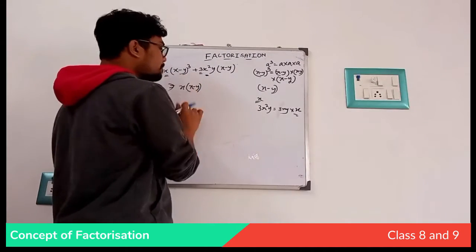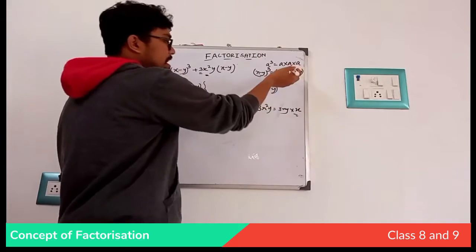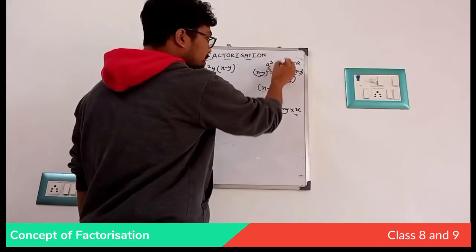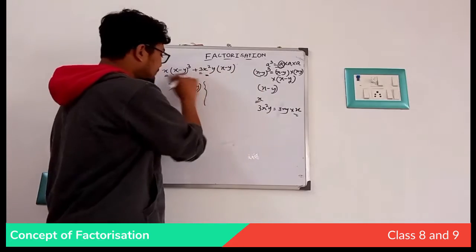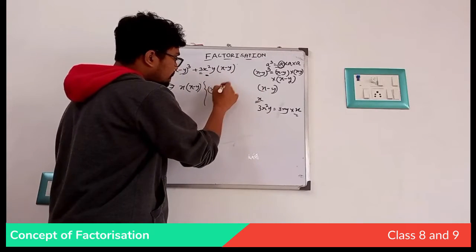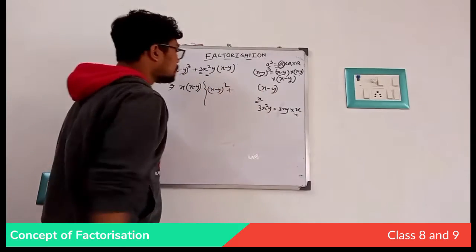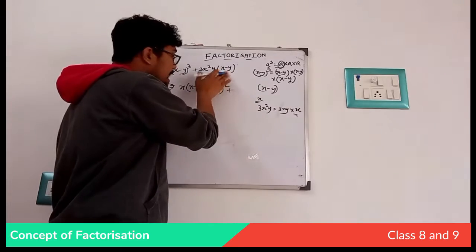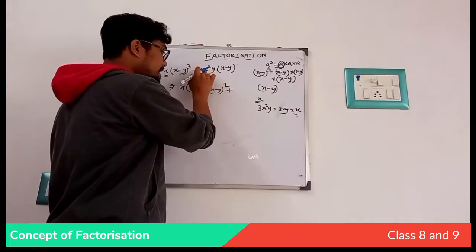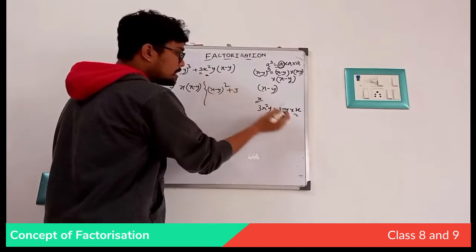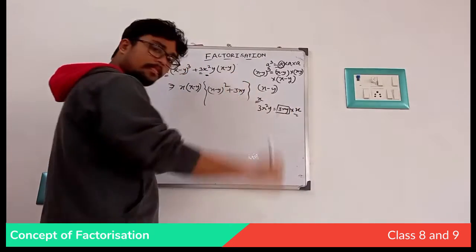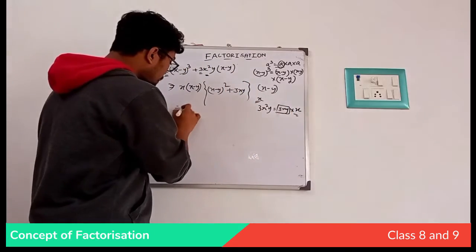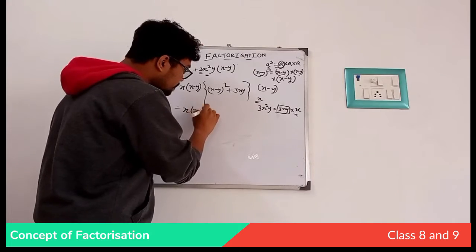So what are the remaining parts? If one is taken out from three, the remaining portion is a square. So our remaining portion is (x minus y) whole square plus, with (x minus y) taken out and x taken out, the remaining part is 3 into x into y. So x into (x minus y).